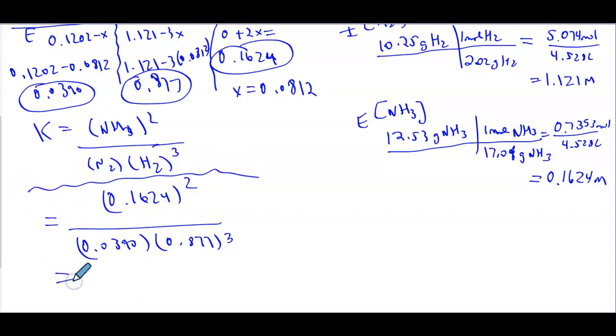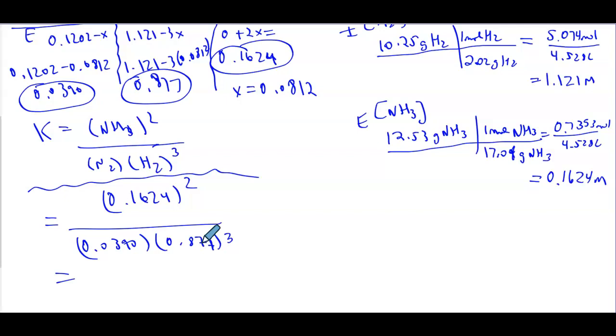Okay, so when I do that, I will get 0.1624 and square that on my calculator, divided by 0.0390, divide by 0.877. This is a 7 right here. Divide by 0.877 and divide by 0.877. Now you can cube that and divide it.